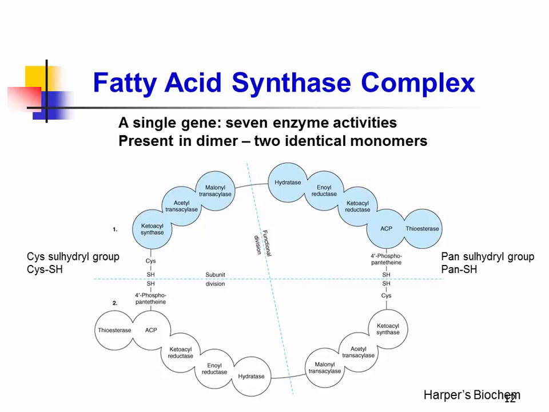Because of the tail-to-head arrangement, the complex has 2 different ends. One is called the pantetheine sulfhydryl group, or pan-SH head, and the other is the cysteine sulfhydryl group, or cys-SH head, right?